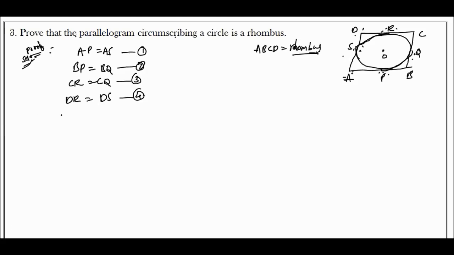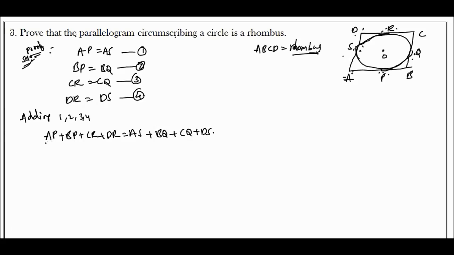So adding these 1, 2, 3 and 4, the total will come AP plus BP plus CR plus DR is equal to AS plus BQ plus CQ plus DS. It will come like this.